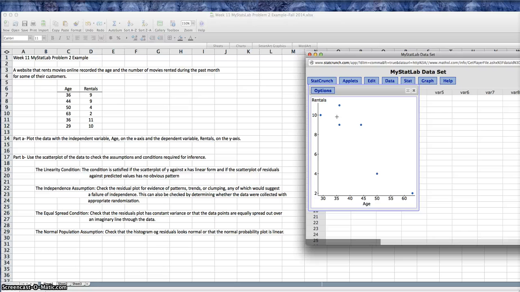This is all we have is our scatter plot, so we can't really make that determination. However, it is likely that the customers were selected randomly, which would imply that the errors are probably independent as well. So there we go. We cannot determine that with what we have.